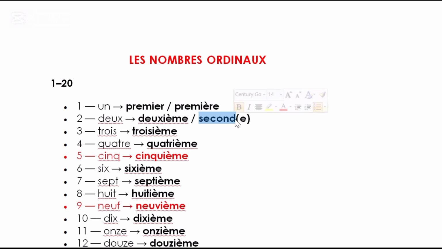When we are referring to male things, male objects, second. And the female form is seconde. That is why the E is in brackets. When you are referring to female nouns, you use seconde with E, but masculine does not have E.